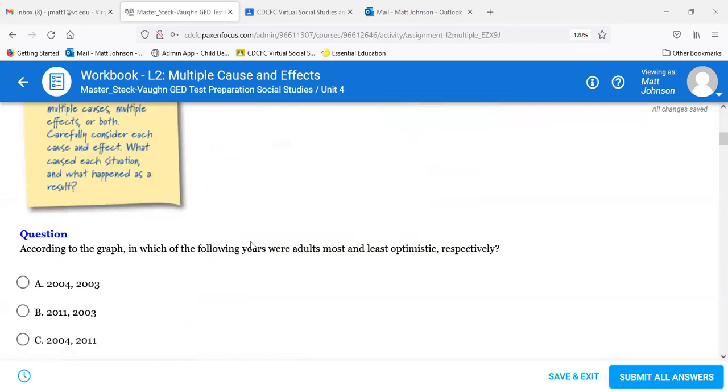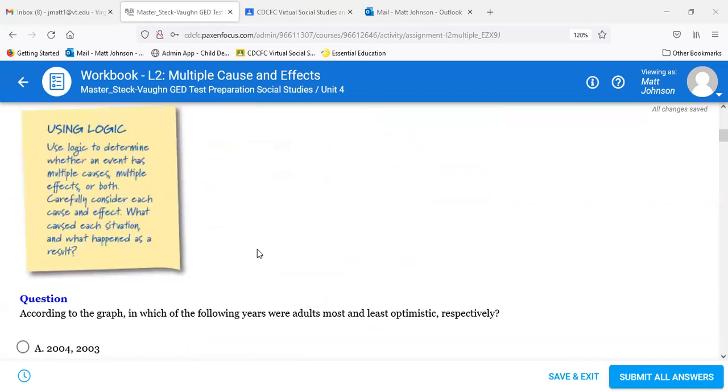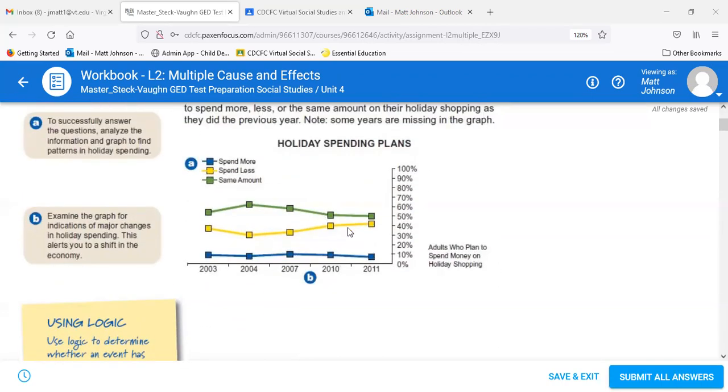So that indicates some optimism, right? And then secondly, 2011, we see more people deciding to spend less. So in that year, they're like, things look a little iffy. I think I'm going to cut back on what I'm spending on my kids this year for Christmas, right? And we also see a little downturn for the people who are going to spend more.